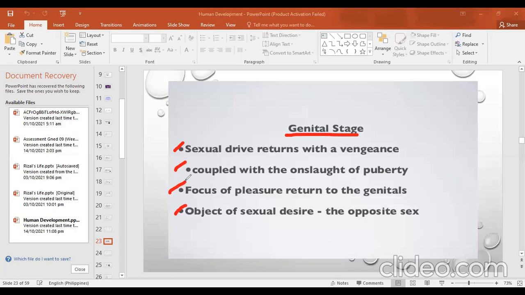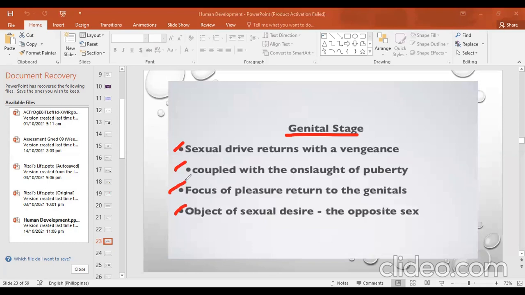So, ano ba yung kailangan ma-develop when it comes to genital stage? Yung sexual maturity. No? Yung opposite sex na you get attracted, you want some sexual activity with that person. Ayan, dapat opposite sex. So, kumbaga dito yung tinatawag natin na life till death.